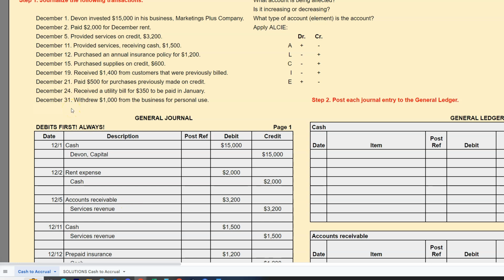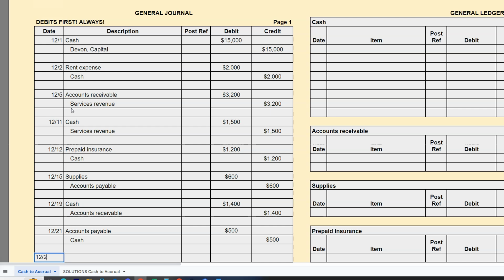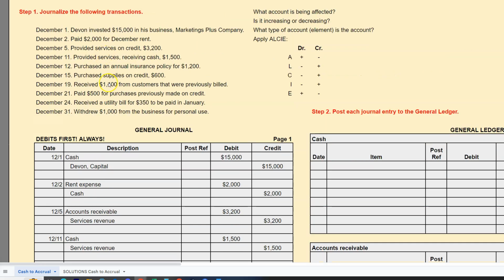Let's do the 24th. We received a utility bill for $350 to be paid in January. Keep in mind, we're in December. All right, so received a utility bill for $350 to be paid in January. All right, so let's start with this. Received a utility bill that we're paying later. Let's start with the utility bill part.